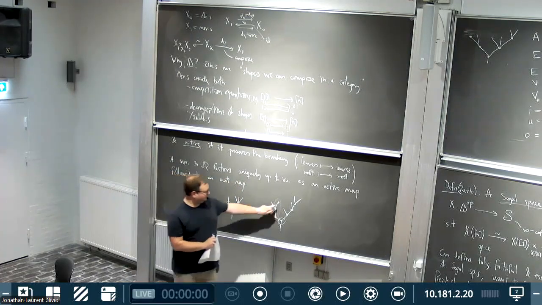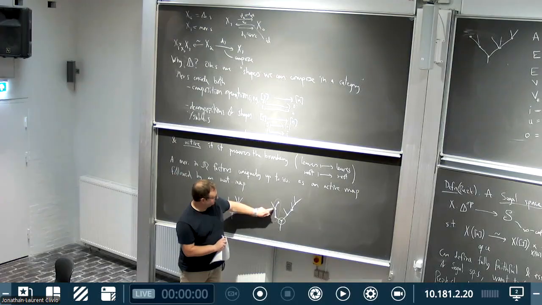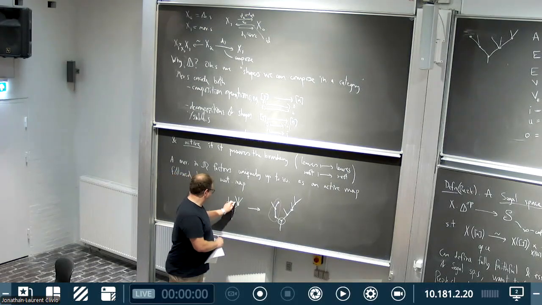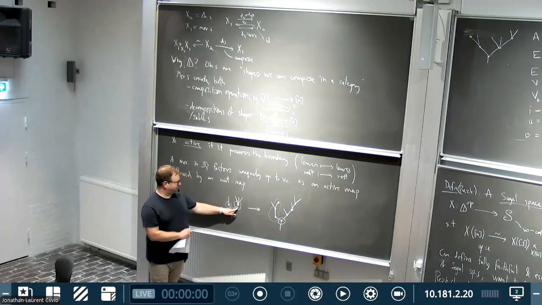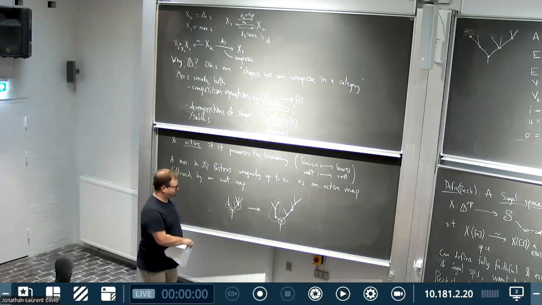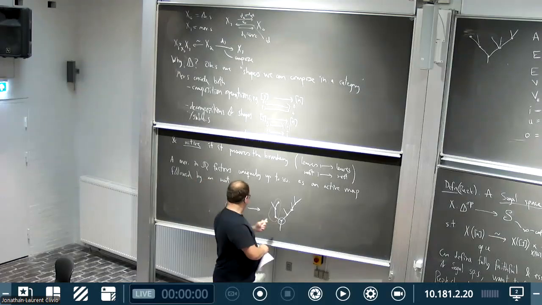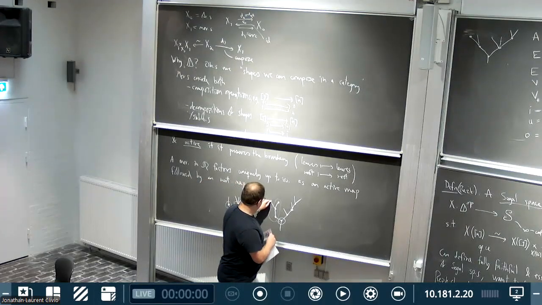Since this is a nullary vertex, this thing has a single input. And then the yellow vertex, which has 3 inputs, is supposed to be assigned to some subtree over here with 3 inputs.